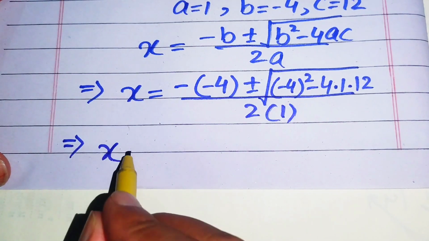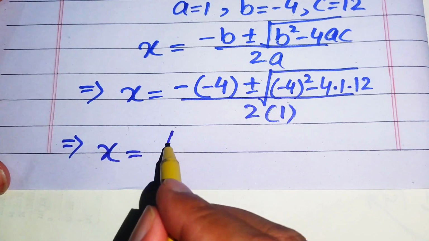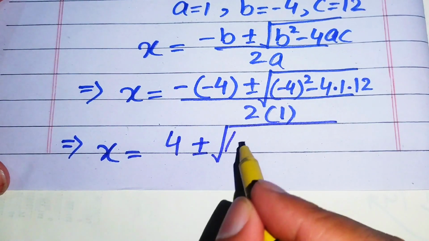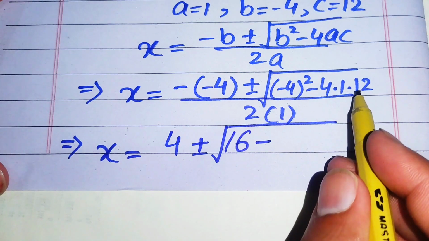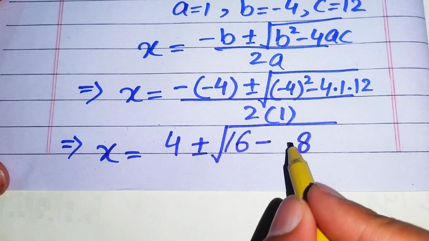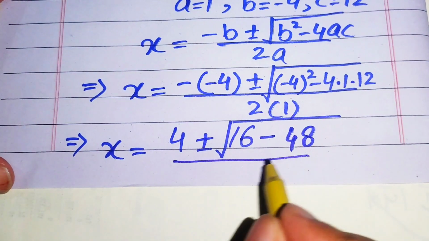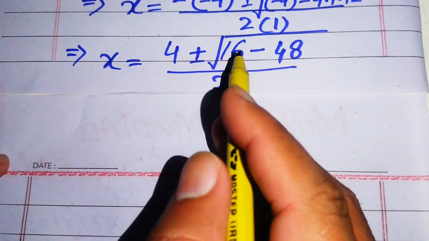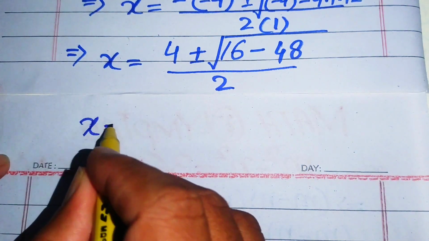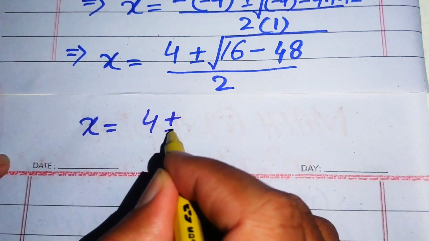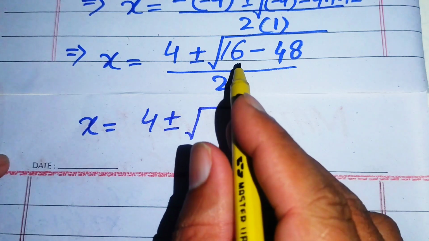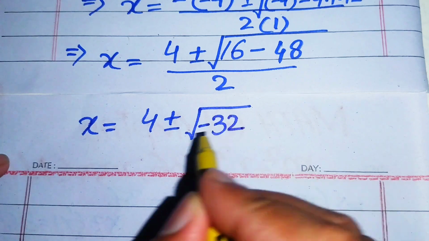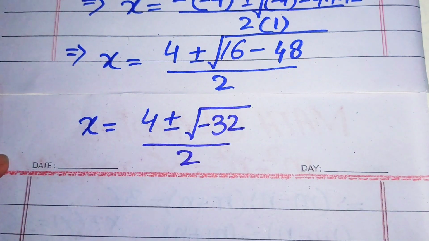So this implies that we have x equals to, minus times minus becomes +4, plus minus square root of -4 square is 16, and 4 times 12 becomes 48, and this is divided by 2. So here we subtract 16 minus 48, and we get x equals to 4 plus minus square root of 16 minus 48 equals to -32, and this is divided by 2.